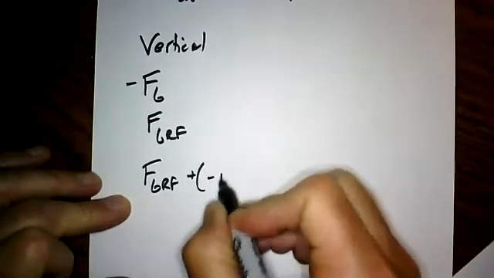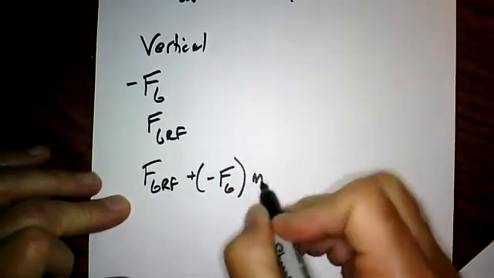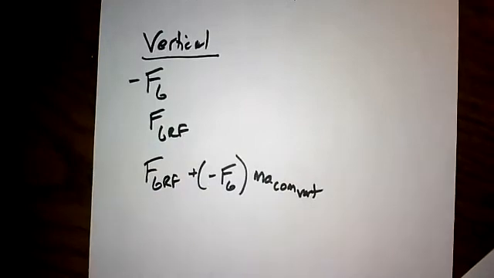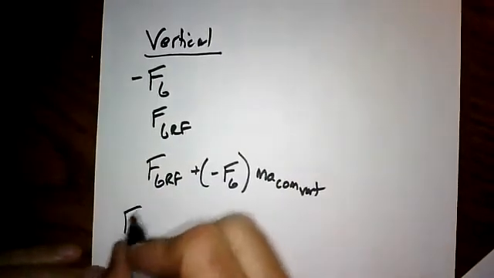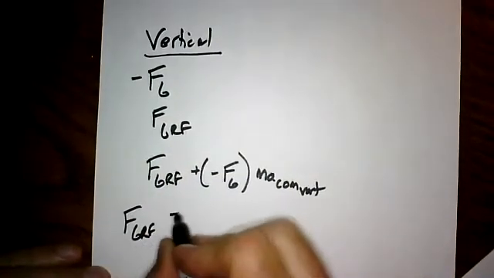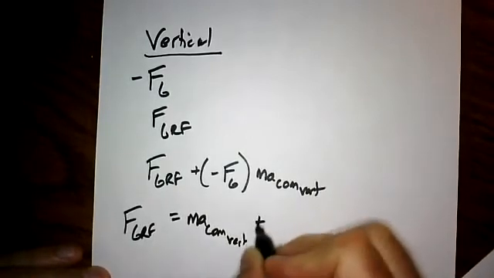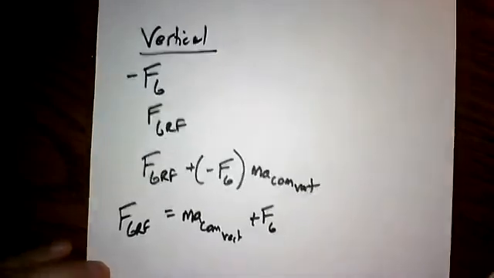Those are our two forces acting on the person, back to our picture, and those add up to M A COM in the vertical direction. That's our equation, or, the other way we're looking at it, FGRF equals M A COM in the vertical direction plus body weight.